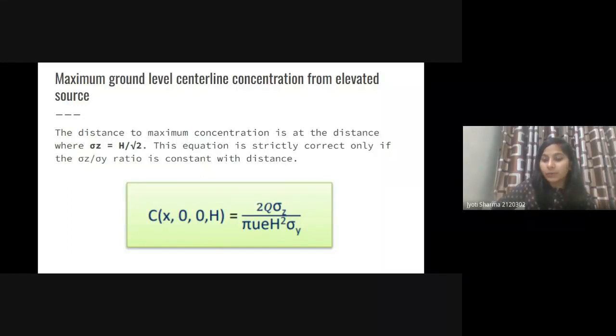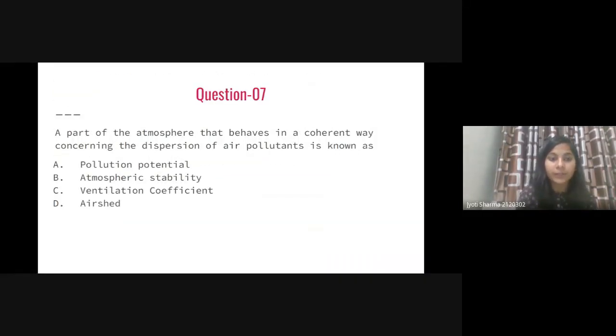This equation is strictly correct if the ratio of the standard deviation in the vertical direction and the x direction is constant with distance. Here we are assuming that in the z direction we have the value 0, and then we calculate this maximum ground level concentration, and this will always occur on the center line. Okay, come to the next question.